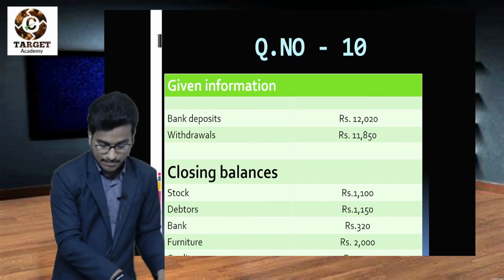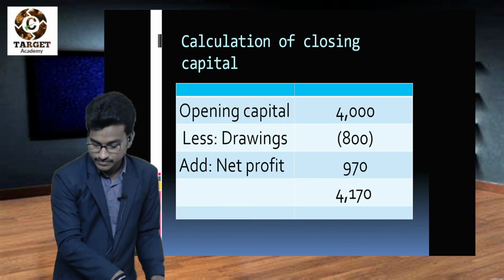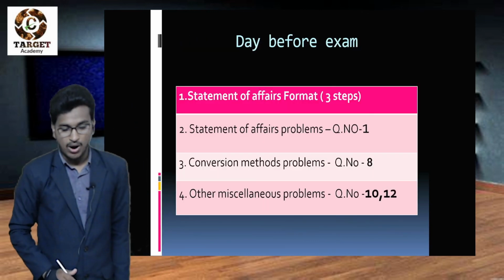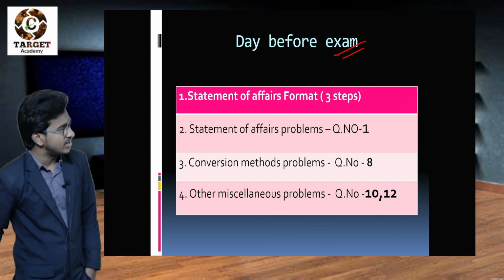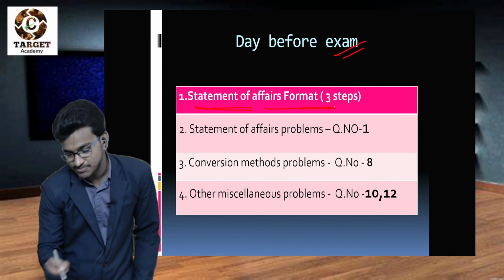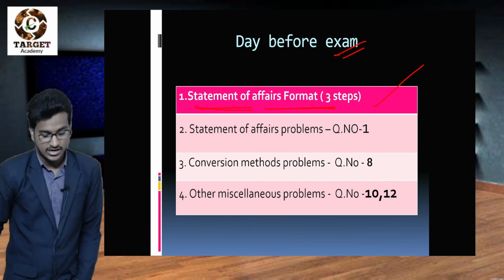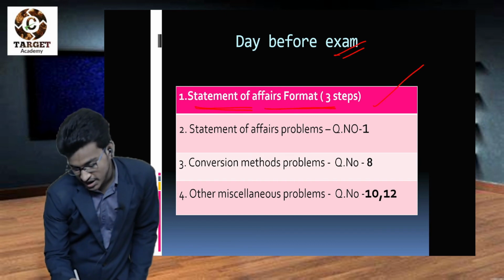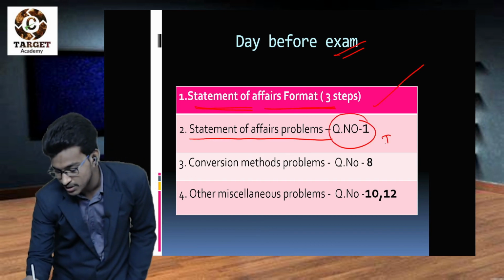I will give you tips from the exam point of view for this chapter. What we have to do the day before the exam: first, read the format of the statement of affairs, that is the three steps. Next, statement of affairs problems, illustration number 1 in your study material.